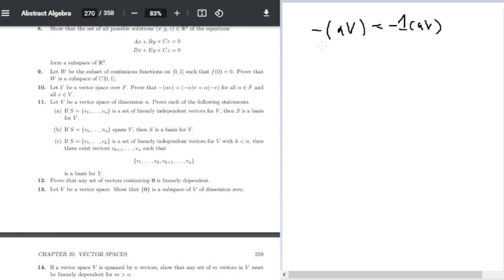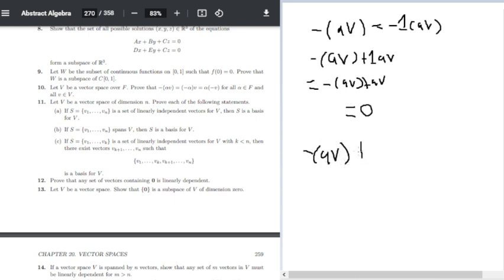So we basically show that negative AV is equal to negative 1 AV. So negative AV plus 1 AV is equal to negative AV plus AV is equal to 0. So this equality naturally follows.